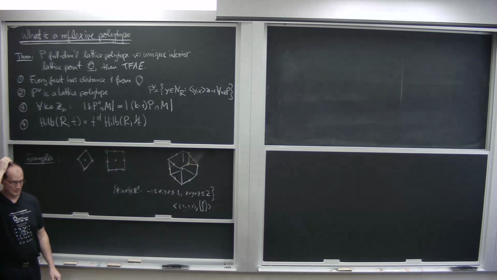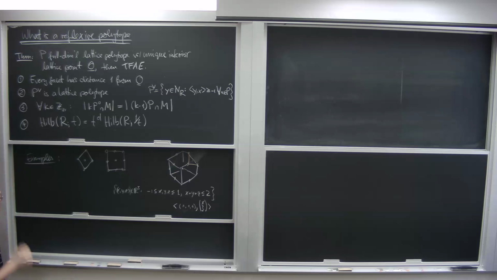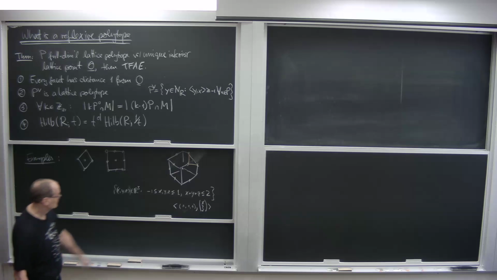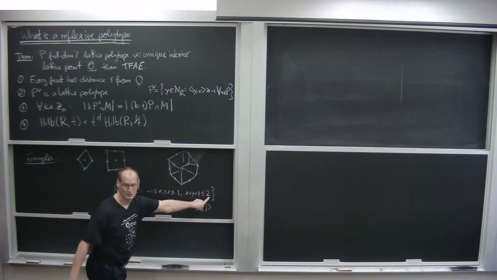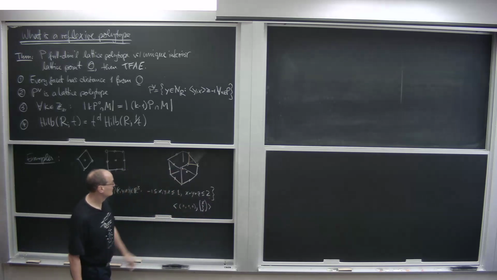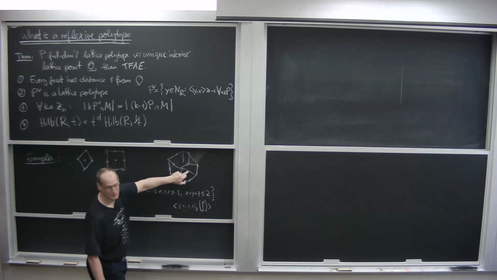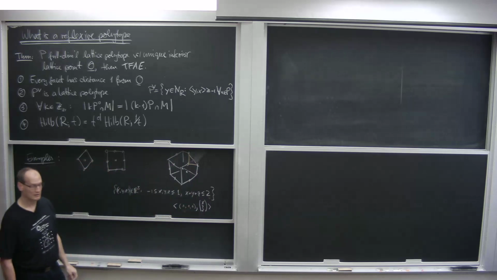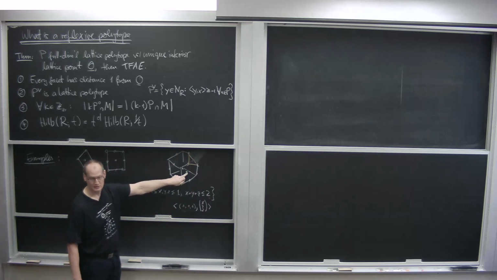Okay? So then the orange one is distance 2. Is this 2? Yeah. Because the standard unit vector is here. It's on this facet in the middle. And this is too far away. This would be distance 1 from the origin.